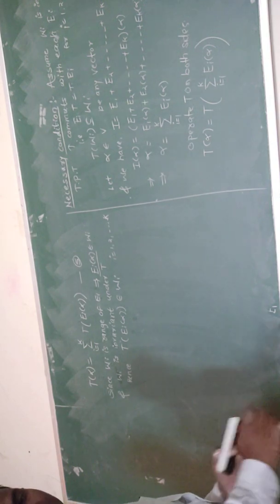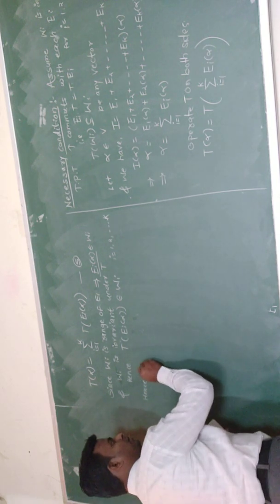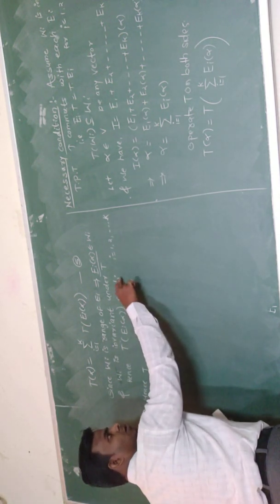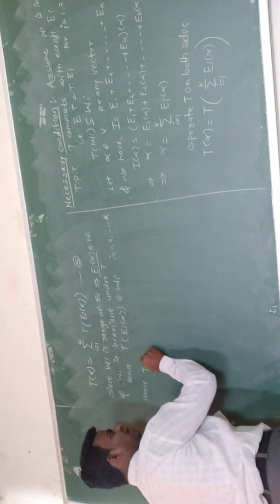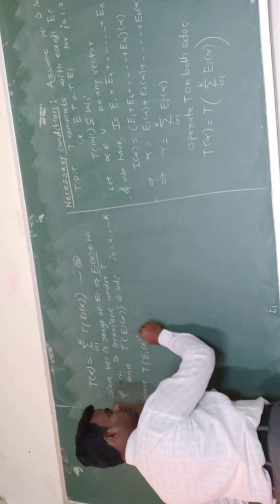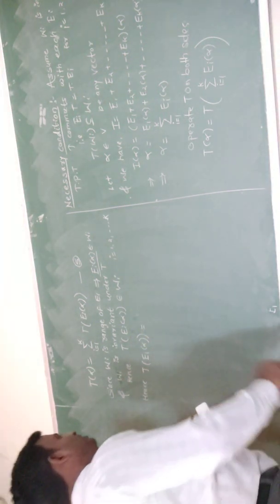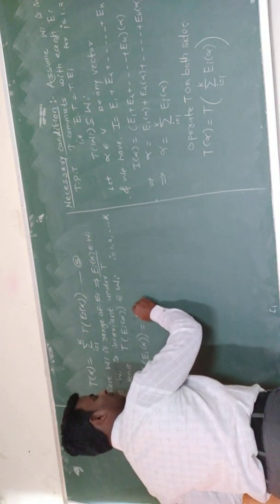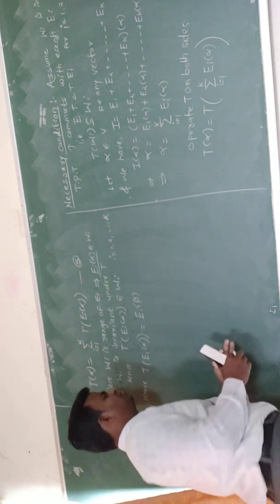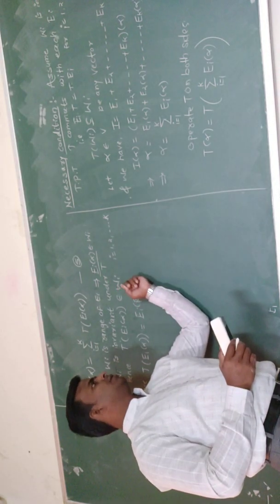Now, hence we get, this vector comes from W_i, no? So T of E_i of alpha is equal to E_i of beta. So there exists a vector beta.